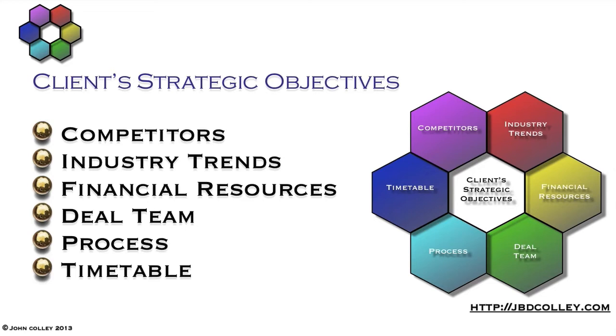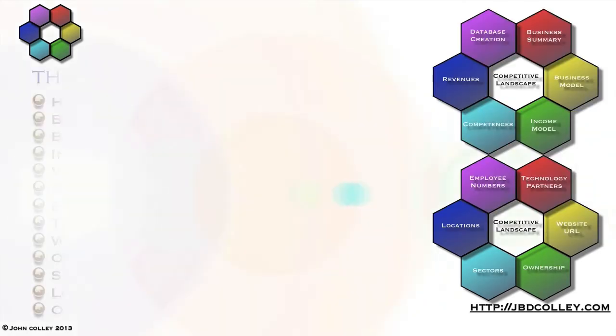It's important to establish that your client's got the financial resources available to do the deal, and you need to understand who the deal team's going to be, who's going to have point responsibility, who do you report to. A clear understanding of how the process is going to work, and then some sort of timetable should be agreed, bearing in mind that these M&A transactions can take up to 6 months.